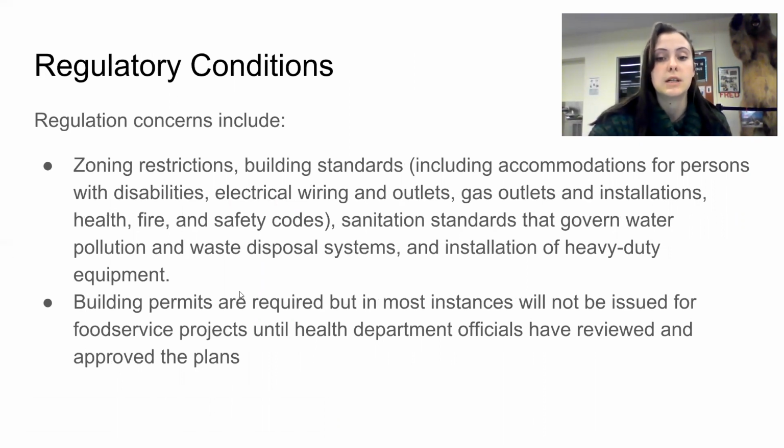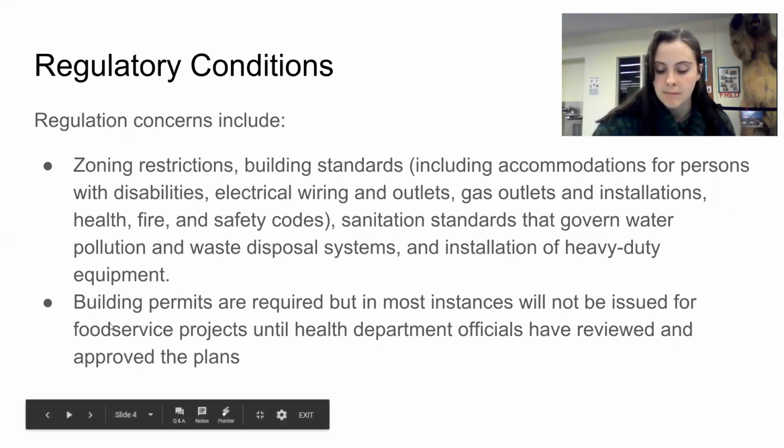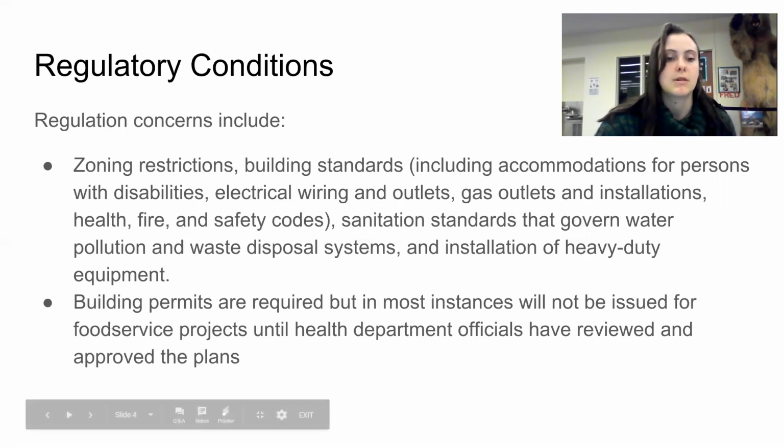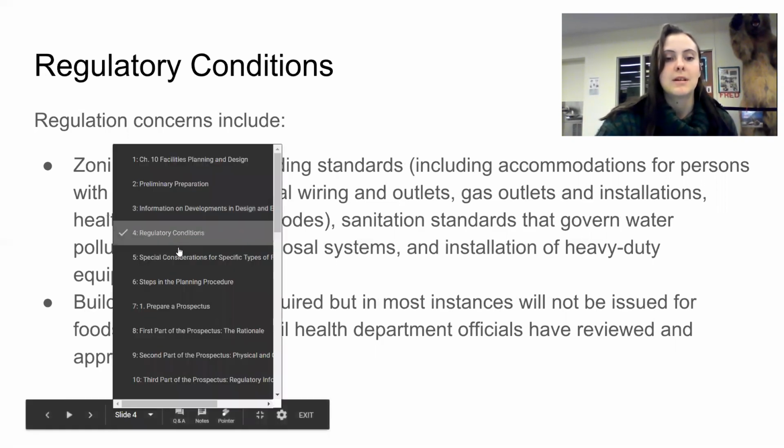Building permits are required, but in most instances will not be issued for food service projects unless health department officials have reviewed and approved the plans. So, yeah, that's what you have to do for that.